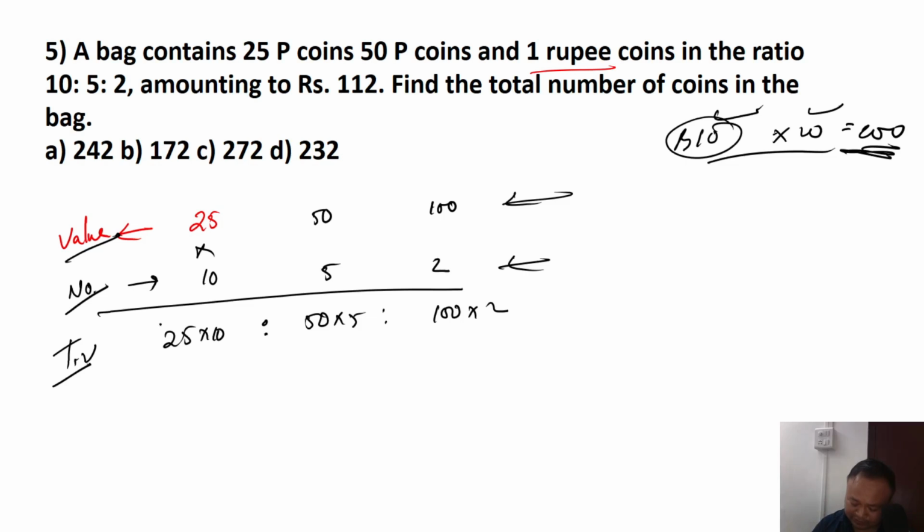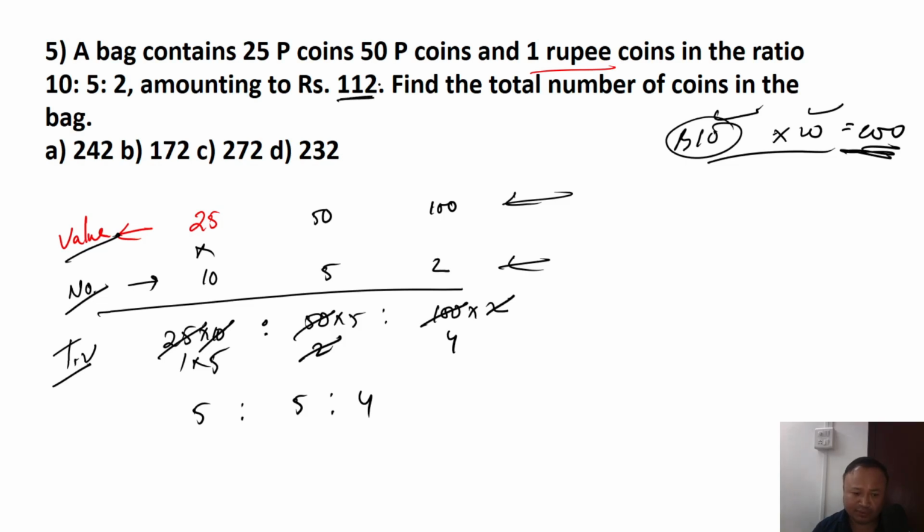That gives the ratio of money 5 is to 5 is to 4, and the total number of coins in the bag.